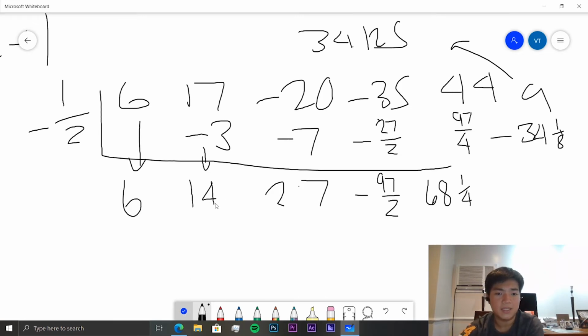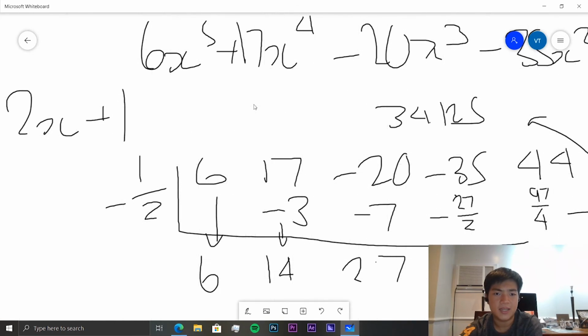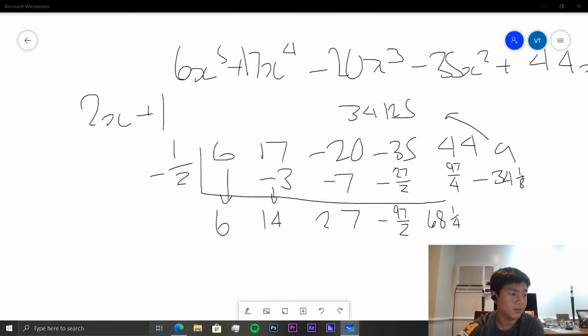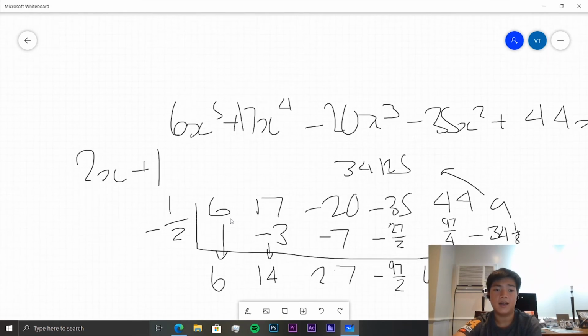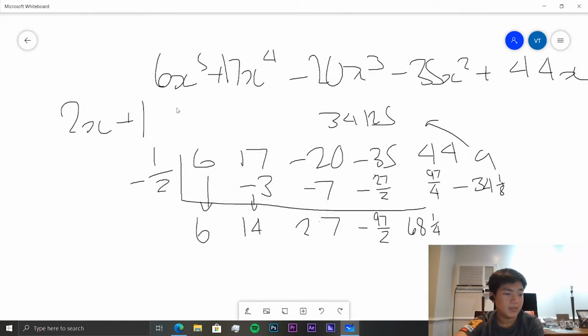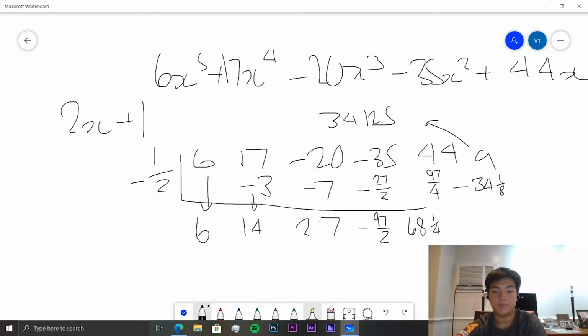I think I might have made a mistake. Let's check through again. So we have 6x to the 5 plus 17x to the 4, 6 times negative 1/2. Oh, ignore that. I've just read this question wrong.